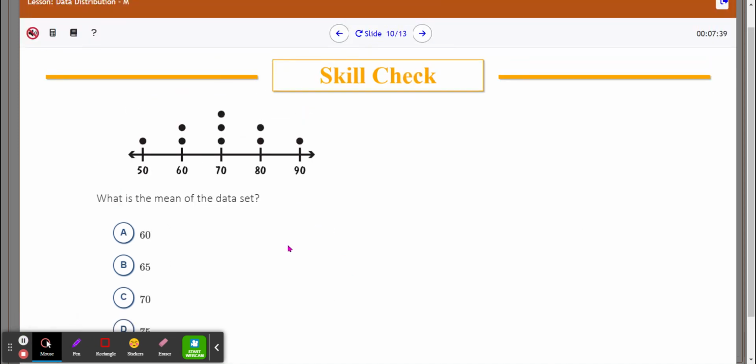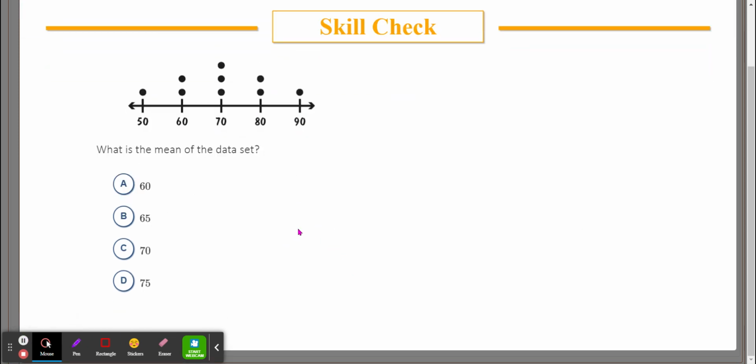Another example is asking, what is the mean of the data set? Well, again, mean means average. What do you have to do? You have to add them all together and then divide by the data points. So I do 50 plus 60 plus 60, there are 2 of them, plus 70 plus 70 plus 70 plus 80 plus 80, and then plus 190.